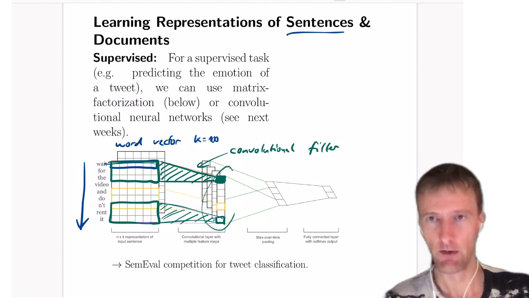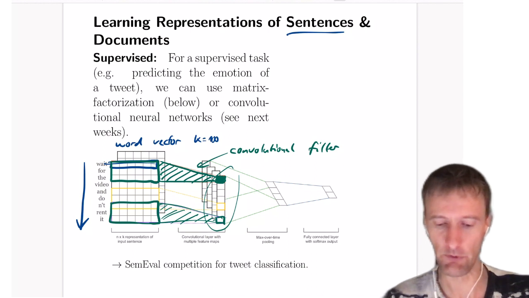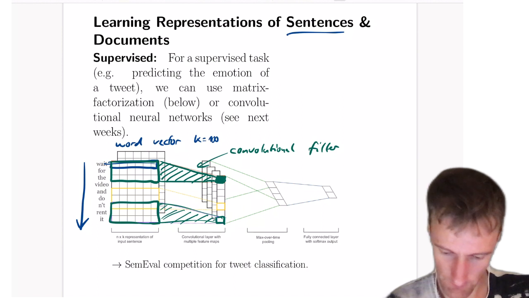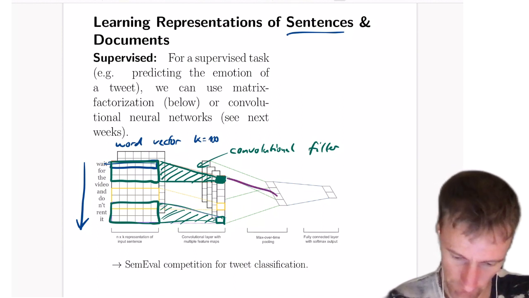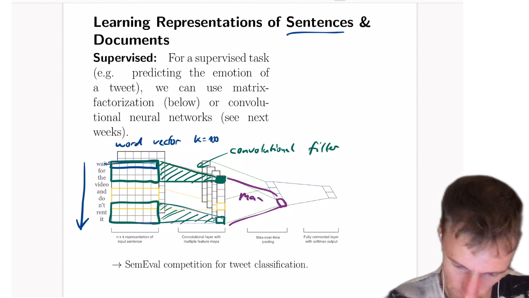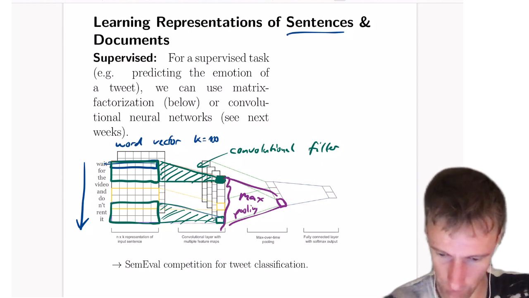and then you have found a representation of your sentence. The problem is it's still variable length, so we want to find a fixed length representation of our sentence. So what we do is we take the max. So now we still have all these entries here, right? There are too many.